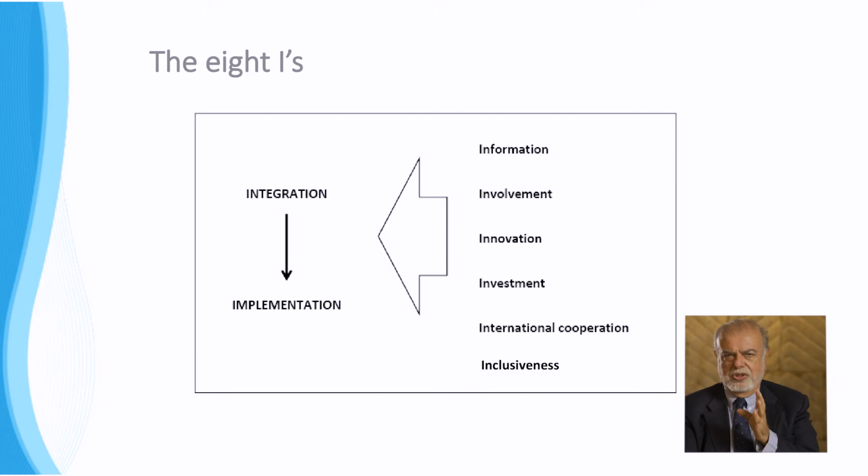Integrating policies is the first thing. When I protect an area, I need to have the environmental protection linked with the policies, let's say, the agricultural policy. If the agricultural policy is polluting the environment, if the transport policy is polluting the environment, I move in two different directions and I can never have a good implementable plan.